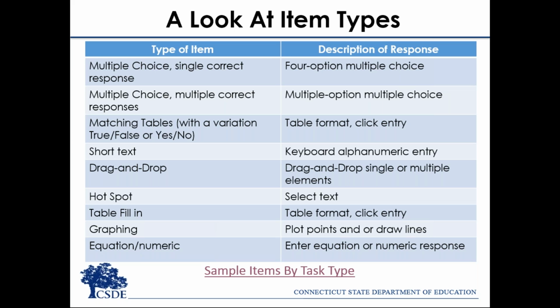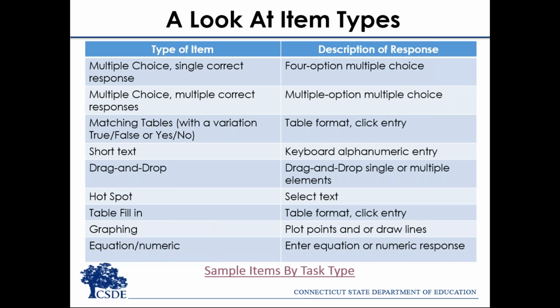There are matching tables where they will have to click true or false or yes or no, and they have to click that for every item in the table. There is a short text feature. That type of question requires students to type in their answer. There is a drag and drop. The drag and drop feature requires that students have some understanding of how to utilize the mouse to be able to click and bring the appropriate answer into a table.